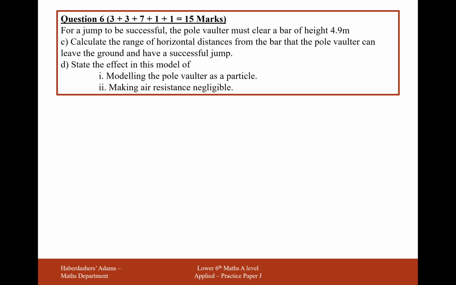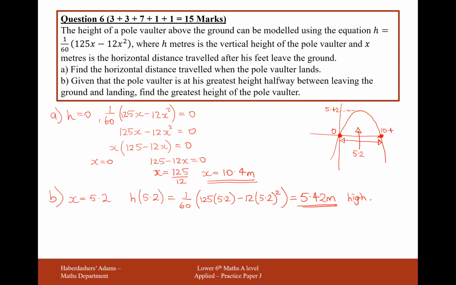For a jump to be successful, the pole vaulter must clear a height of 4.9. Calculate the range of horizontal distances from the bar that the pole vaulter can leave the ground and have a successful jump. So, given that our maximum height is 5.42, we want to find the x values that correspond to a height of 4.9.